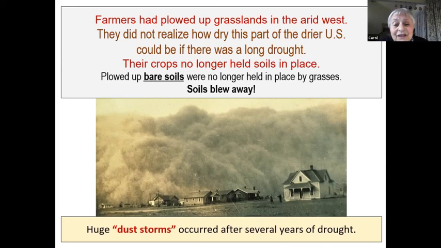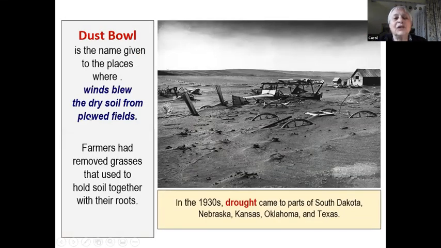And they have these classic pictures of huge dust storms during the years of the Dust Bowl, this extraordinary drought in a place with no grass cover anymore.